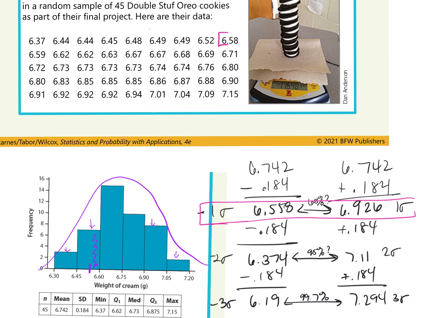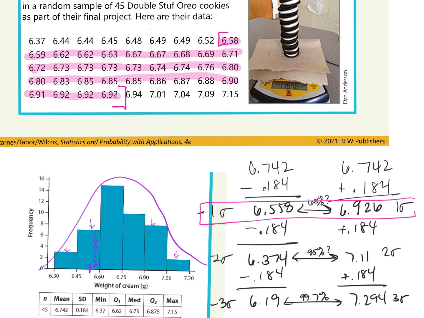It starts here, and then it has to stop at 6.926. So that includes all of these, and it's going to stop at 6.92. Okay, so those are the numbers that are 1 standard deviation either side of the mean.